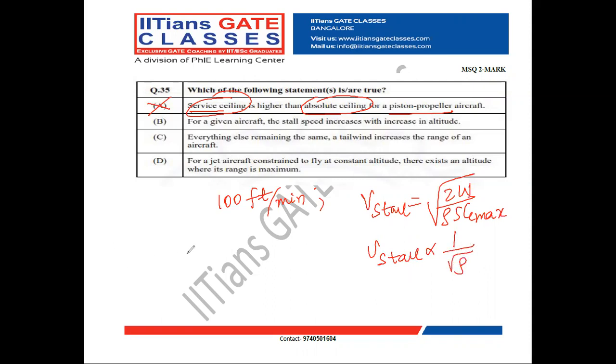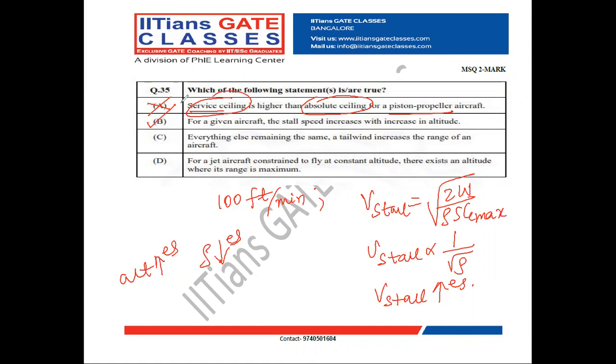As altitude increases, density decreases. Thereby, when density decreases, V stall increases, when all the other parameters remain constant. Stalling speed increases. So statement B is correct.